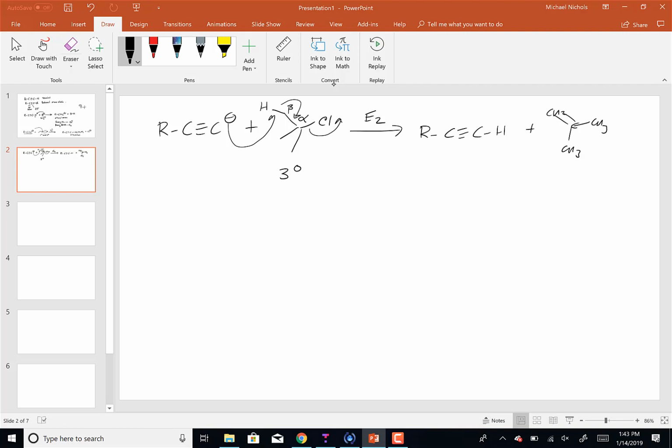And in this case, since all 3 beta hydrogens are the same, it doesn't matter which one we deprotonate. So this is the first one of the strong nucleophiles that can act either way, because we avoided those last semester. But is everybody okay with that?